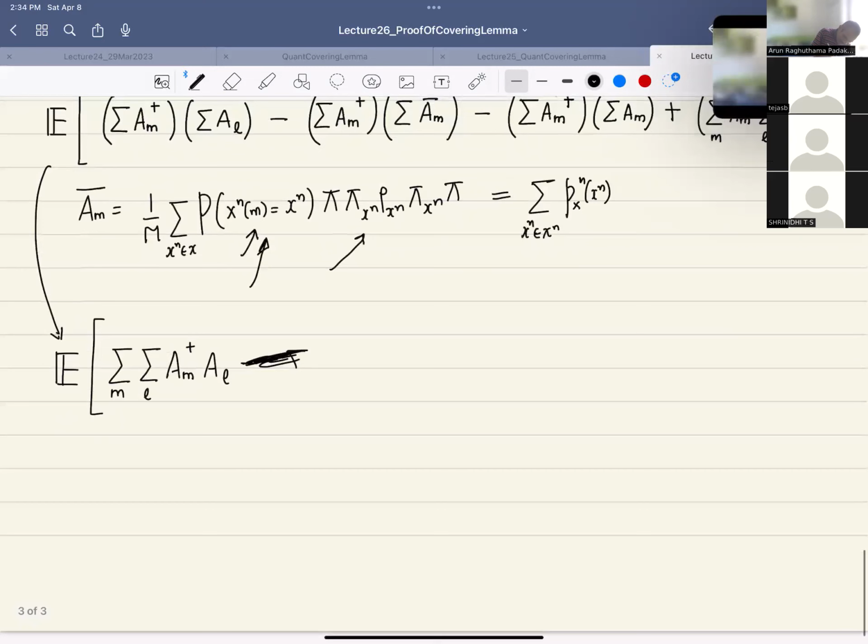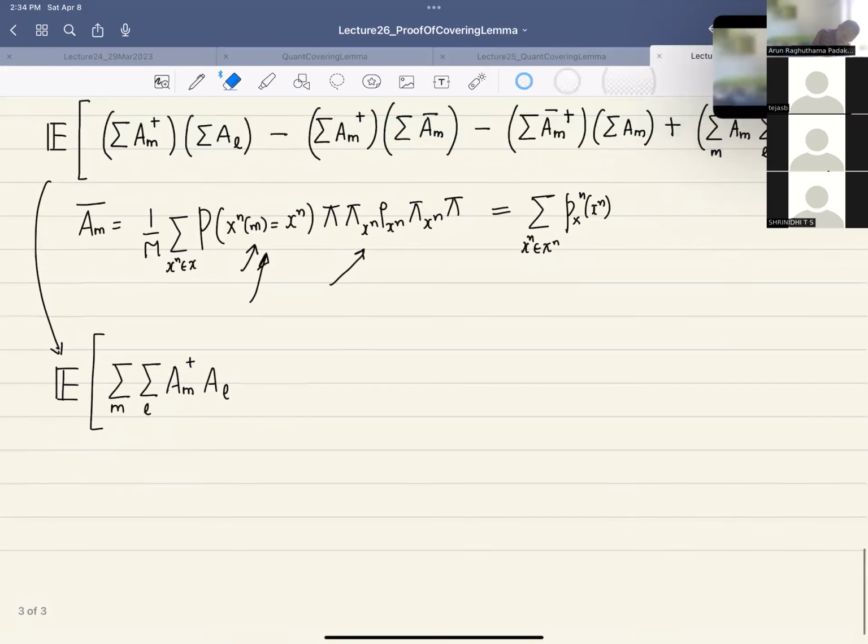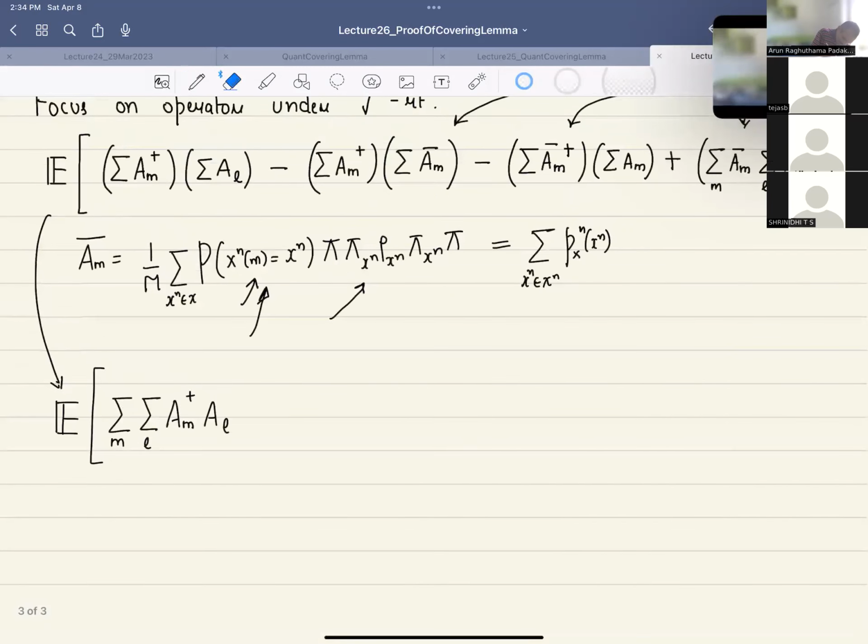Okay, how many of you buy this and how many of you don't buy this? Let me see. This is the first term. I'll write it as is. I'm not going to do anything. Minus.